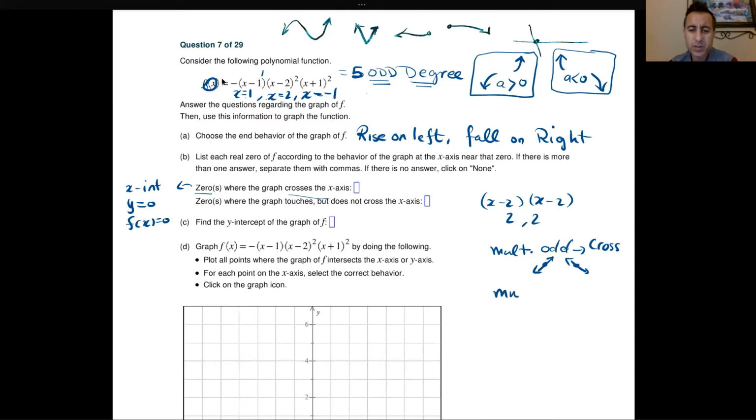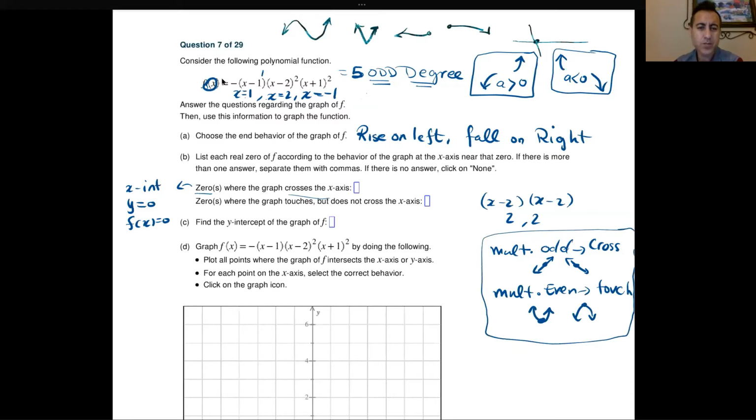And if this multiplicity is even, then it's going to touch, not cross, and just like the parabola, either it will open down or open up. So these are the zeros and what shapes.